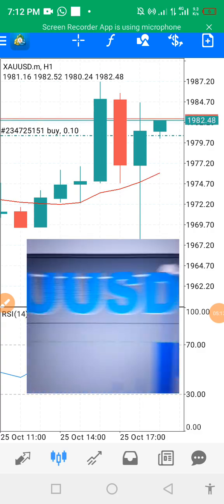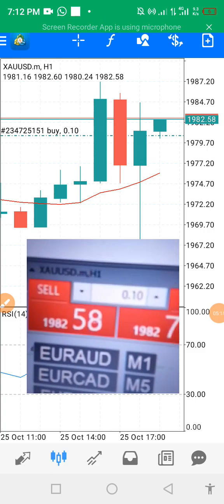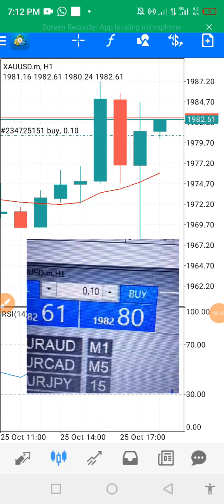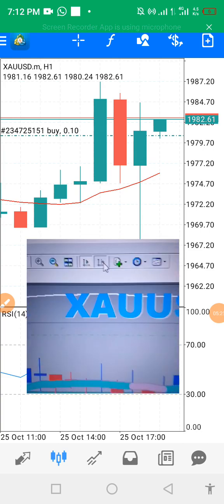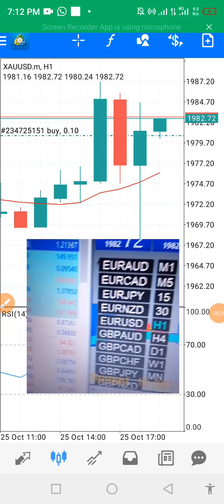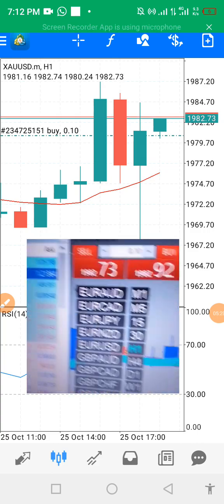Okay, so the lot size you are using is 0.1, and the pair is gold USD. Okay, so everything is here on.